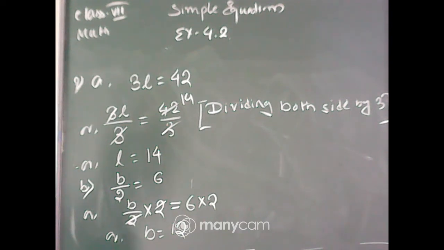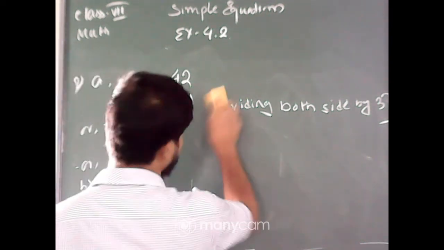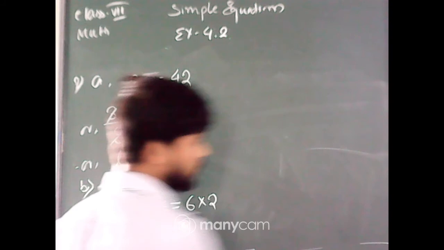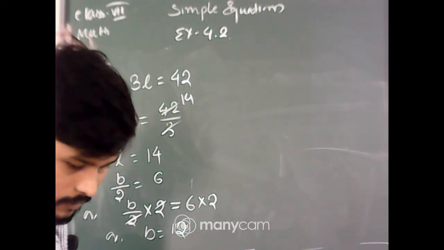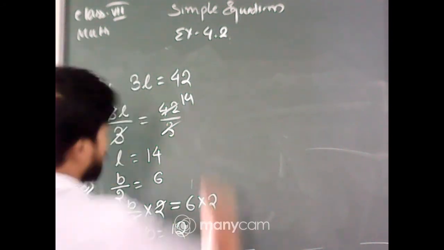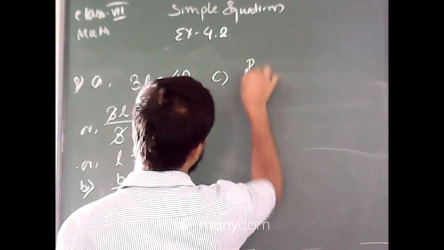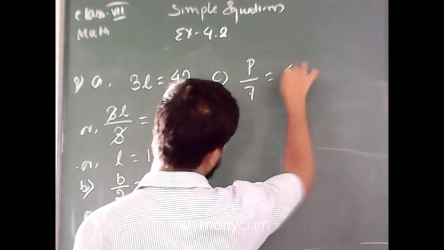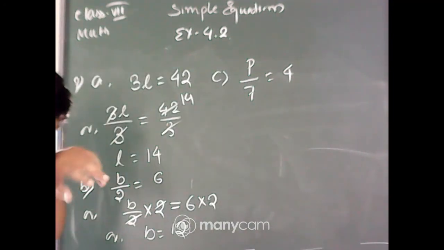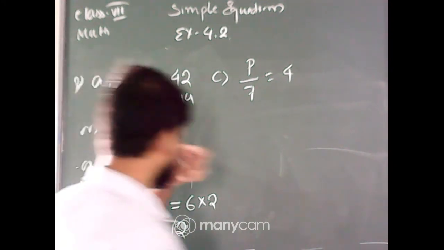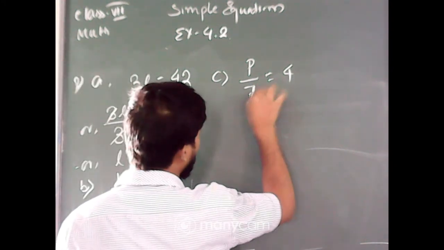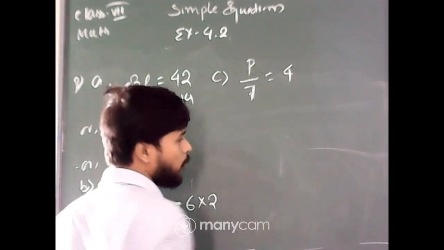Question number C is p by 7 equal to 4. So obviously, we will solve the equation like question number B. Here 7 and p are in the form of division.